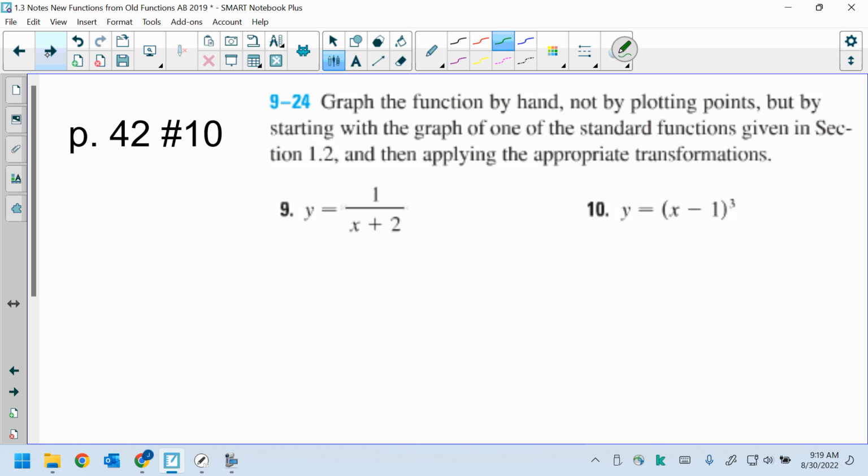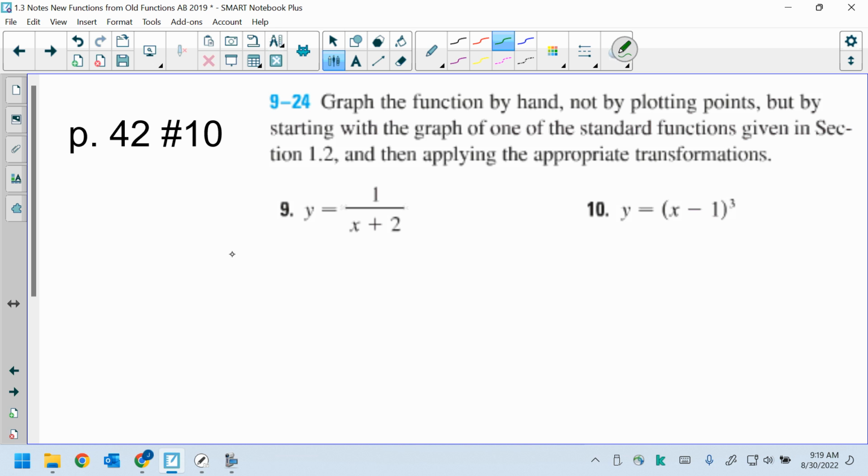Graph the function by hand, not by plotting points, but by starting with the graph of one of the standard functions given in section 1.2 and then applying the appropriate transformations. Okay, well, now here's what I know.